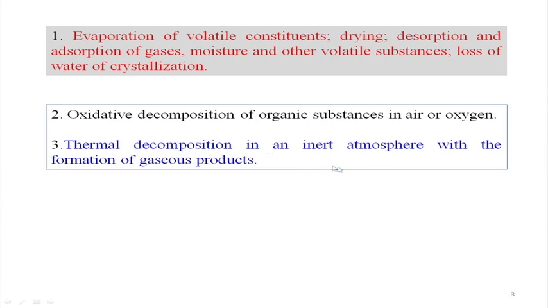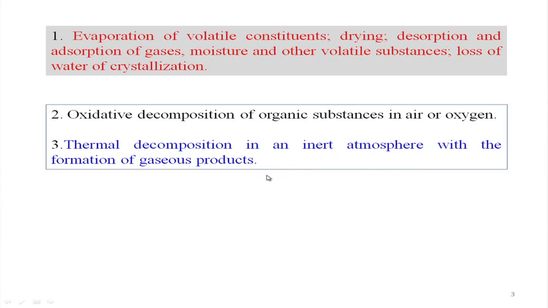So, if the inert atmosphere is maintained by nitrogen, and this nitrogen at higher temperature can react with the material, then that material is converted to the corresponding nitrates or nitrides and will gain some weight. But if the inert atmosphere is maintained by argon or any other inert gas, it will not give rise to that sort of reaction.